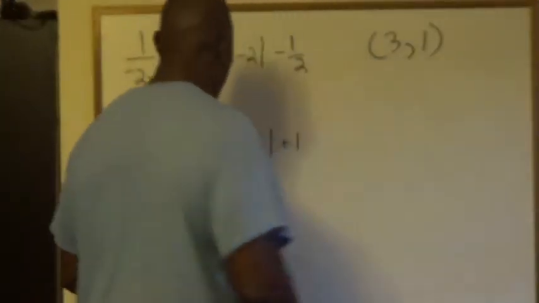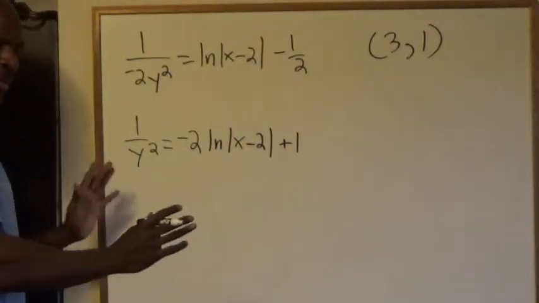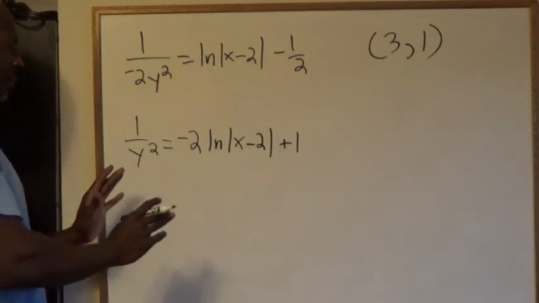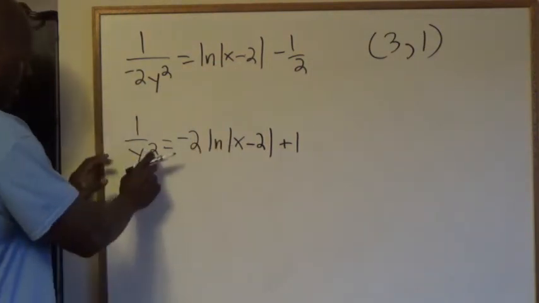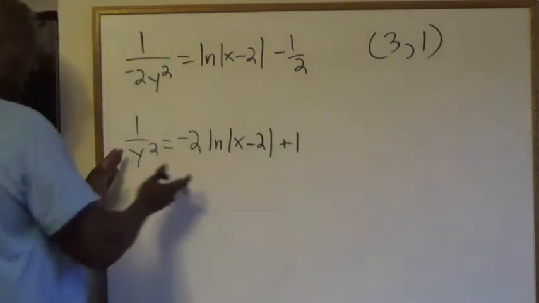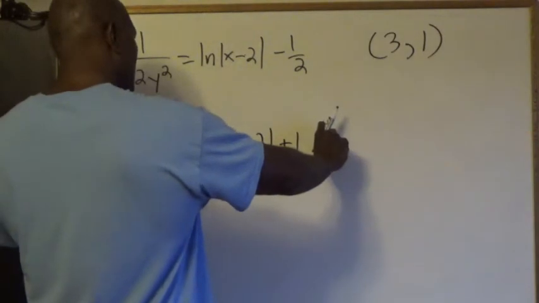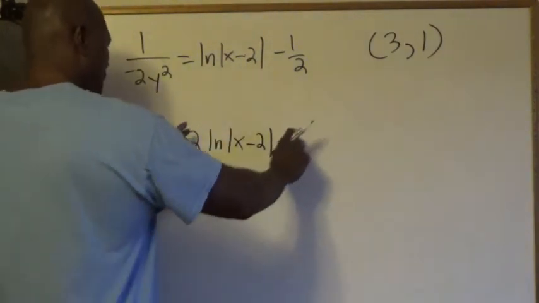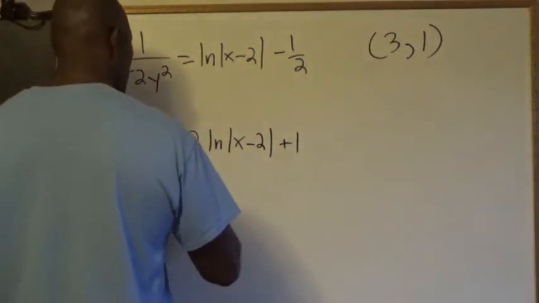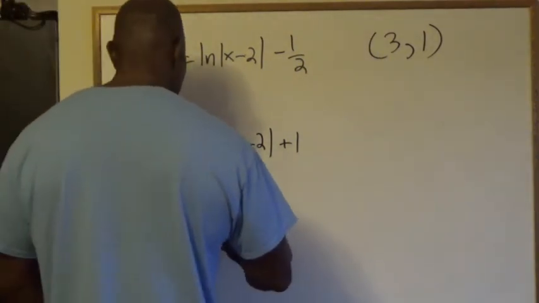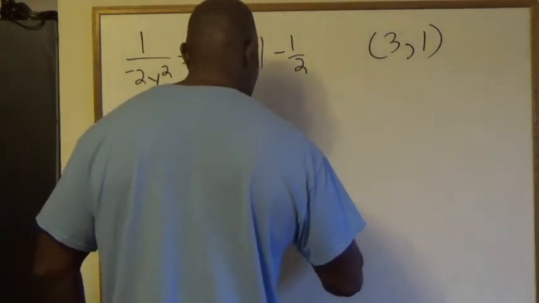And then from there, you can multiply both sides by y squared. I'm going to say this, but I'm not going to show it. Hopefully you follow. I'm going to multiply everything by y squared. It'll turn to 1 on this side, and it'll be this stuff multiplied by y squared. And then I'm going to divide by this. So what will happen is y squared will equal 1 over -2 ln|x - 2| plus 1.